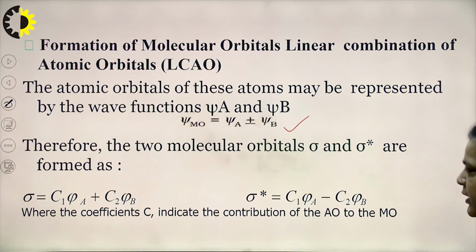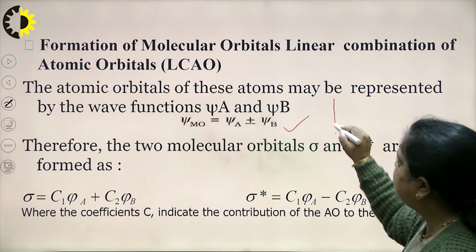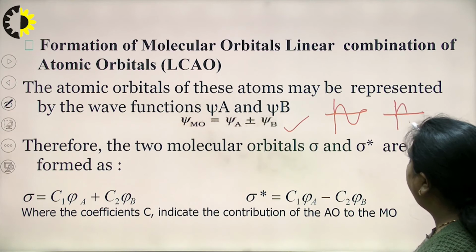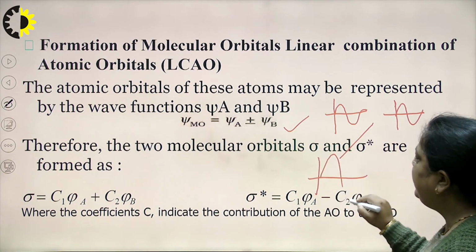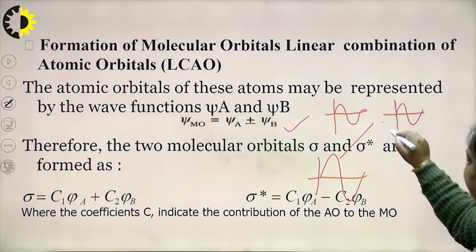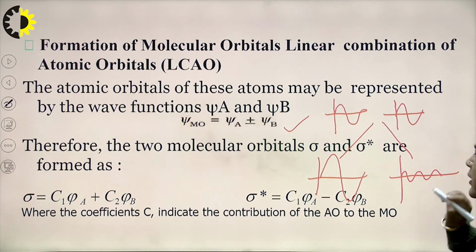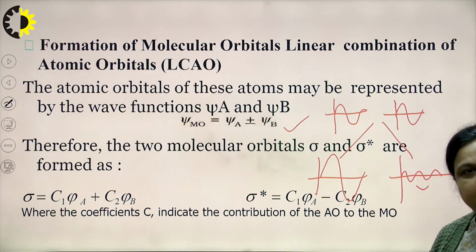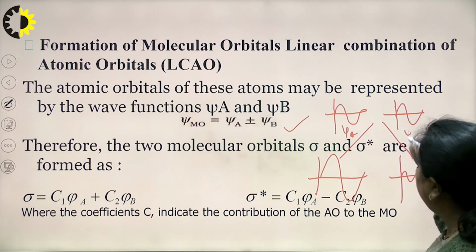If we have a problem understanding this, we can easily say, let this be the wave function of A and let this be the wave function of B. So if psi A plus psi B, the amplitude gets increased, and if psi A minus psi B, in this the amplitude gets decreased. So this is the wave function of A and this is B.